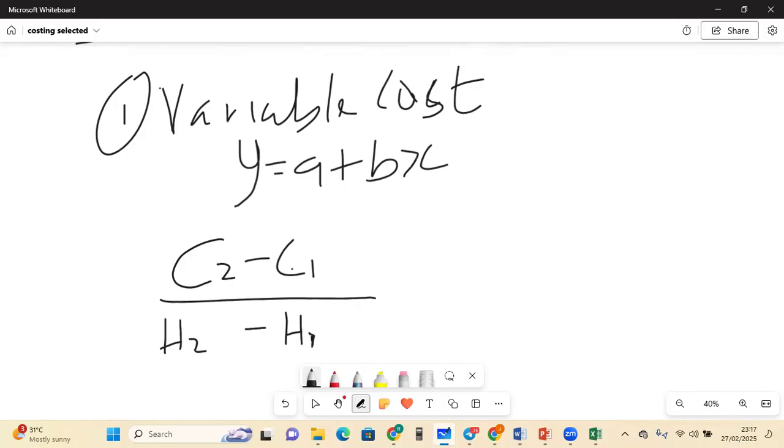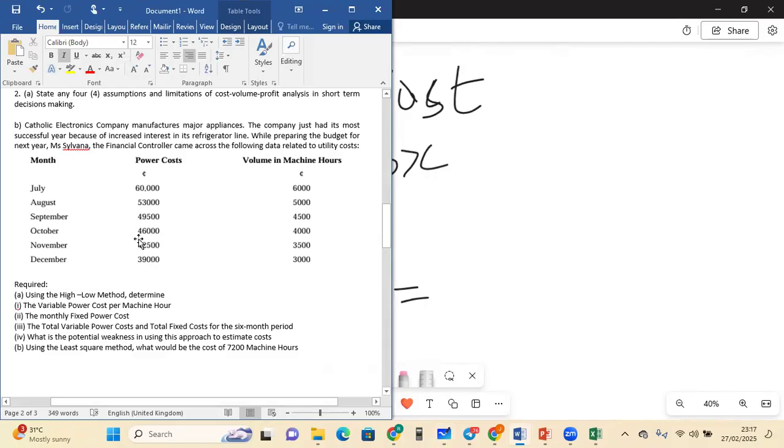So H2 is the highest activity level, H1 is the lowest activity level, C2 is the cost associated to the highest activity level, and C1 is the cost attributed to the lowest activity level. So now let's look at this. We have a whole lot of costs, so we look for the highest and the lowest activity level, then we see the cost attributed to them.